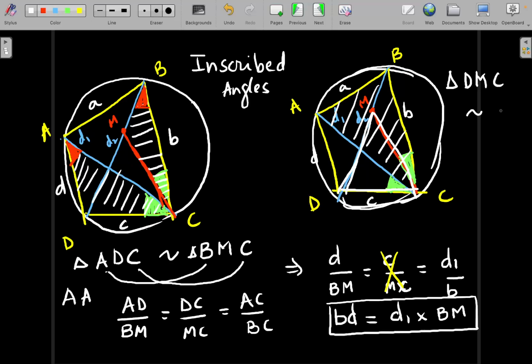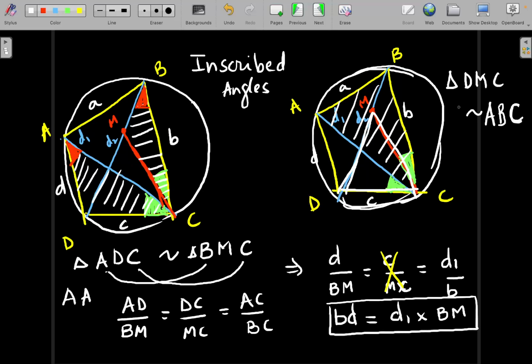Angle D is equal to angle A in ABC. So angle D is equal to angle A, and what is not obvious is that angle C in both the triangles is the same, and that would leave M, that will leave B here. So these two triangles are similar.